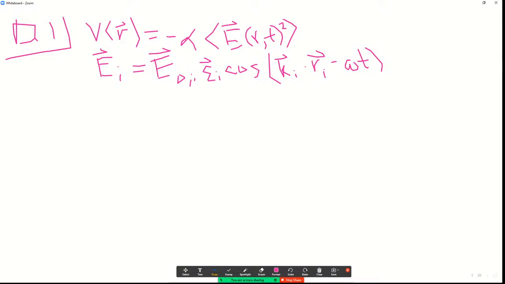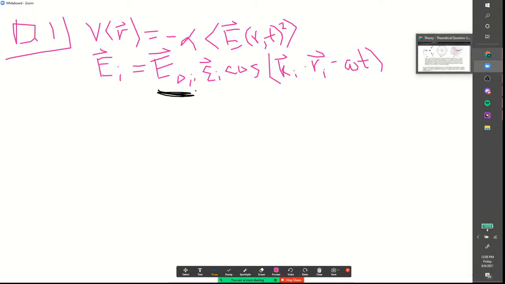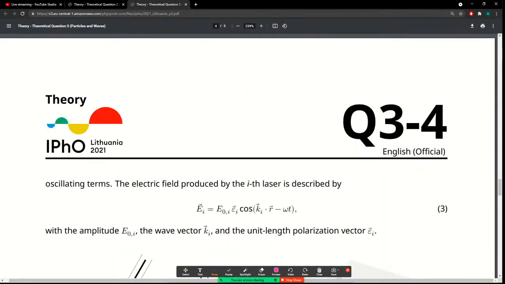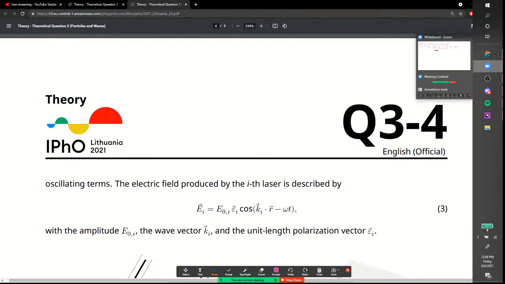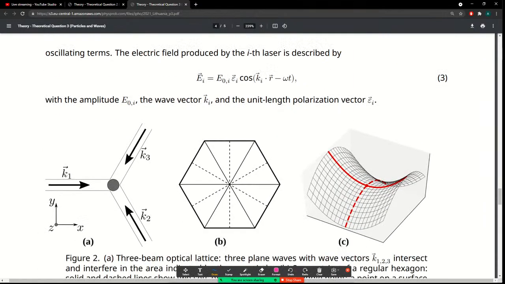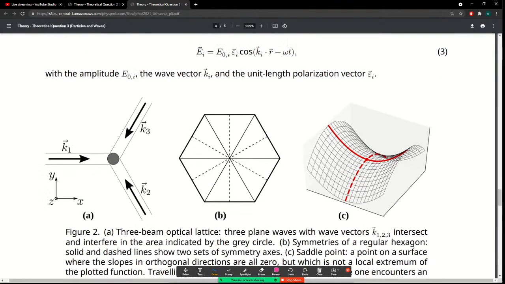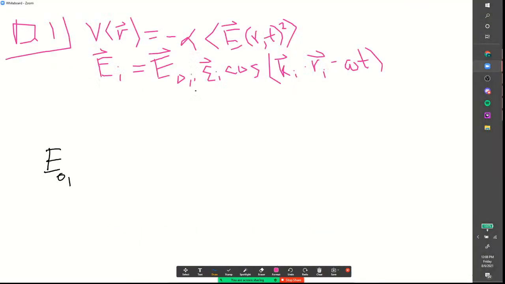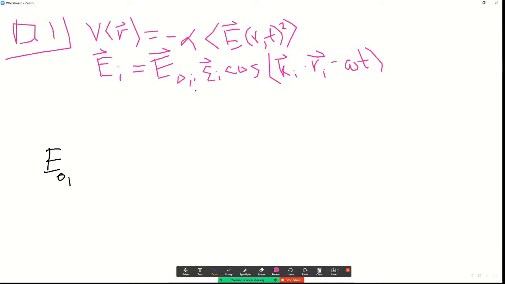What is this term written E0i? It's the amplitude. Okay. So we have E0i. We can combine E0i and epsilon i into only this, so we don't have to write it everywhere.